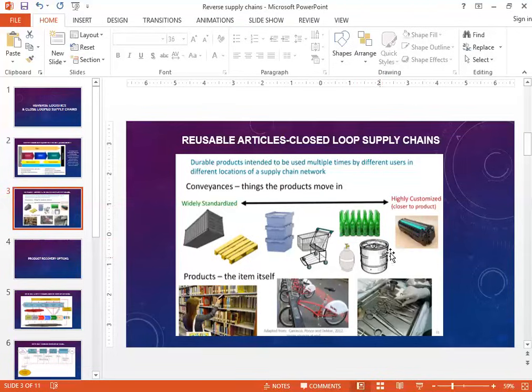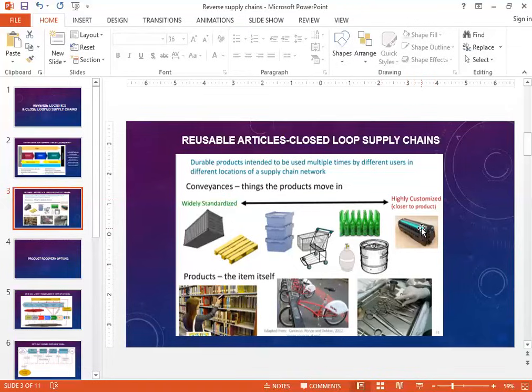Some other examples of highly customized products that have closed loop supply chains are inkjets. And so, if for example you have a printer and it runs out of ink, you then have to send this back to the original company, and they will fill it with ink and send it back to you.